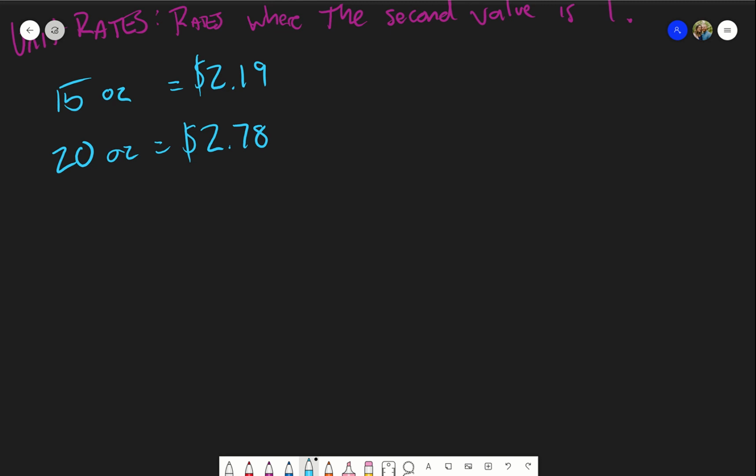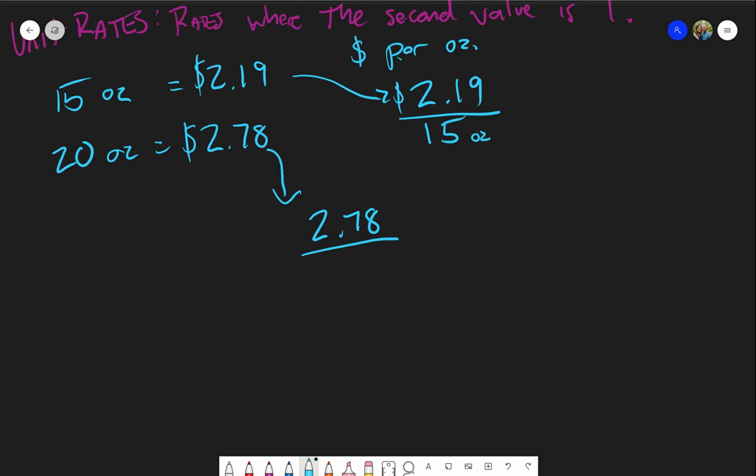To solve this, we want to find the dollars per ounce. Dollars per ounce means I want to put the dollars on top. So for this first one, I'm going to do 2.19 over 15, dollars on top, ounces on bottom. Over here, I'm going to do the same thing, 2.78 over 20.